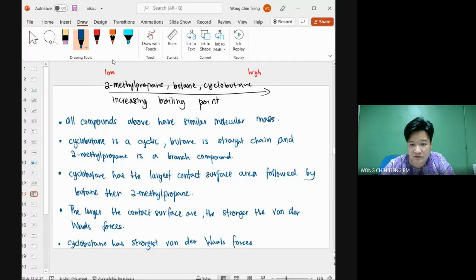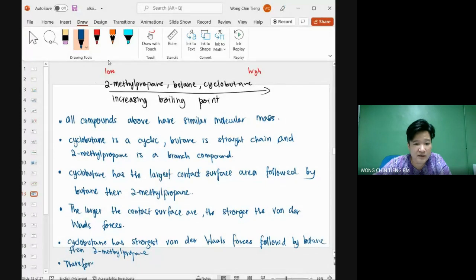Van der Waals forces. Yes. So cyclobutane has the strongest van der Waals forces followed by butane, then 2-methylpropane. Okay. So ayat yang sama tadi. Bila kita dah cerita van der Waals forces, ayat yang sama tadi. Therefore, more energy required.